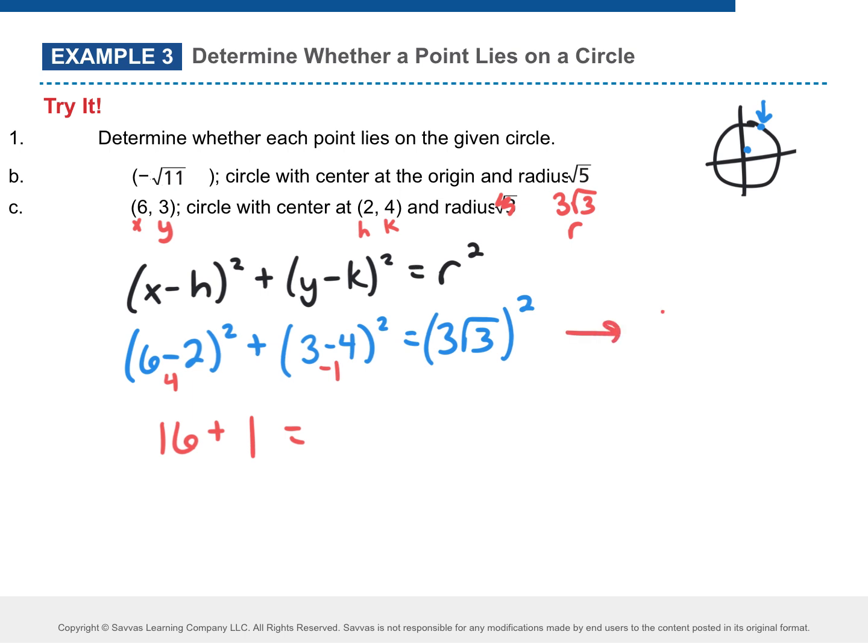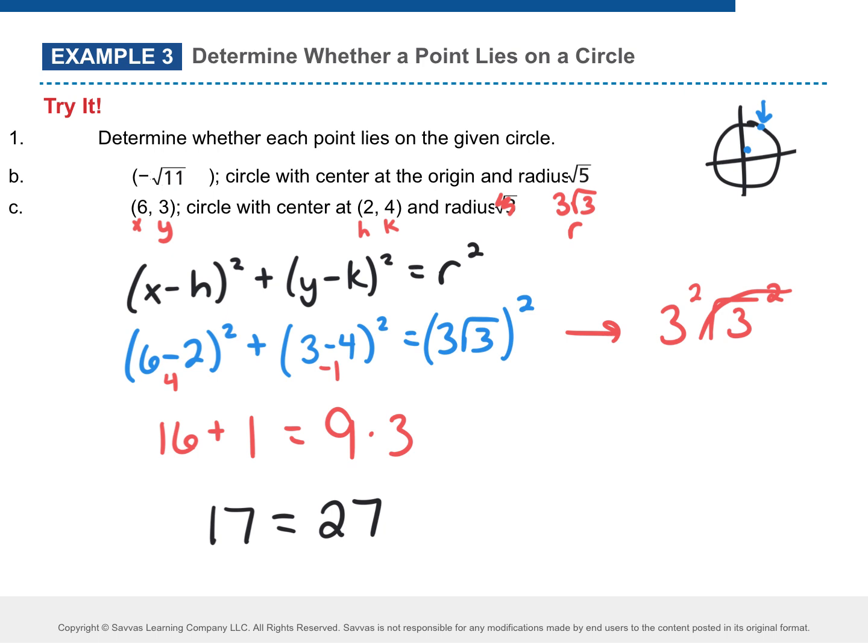Distribute that. So that turns into 3 squared. Remember, it doesn't turn into 3 times 2. Still an exponent. And then I have square root of 3 squared. So what's 3 squared? 9. This cancels, so I have 9 times 3. Simplify. 16 plus 1. 17 equals 9 times 3.